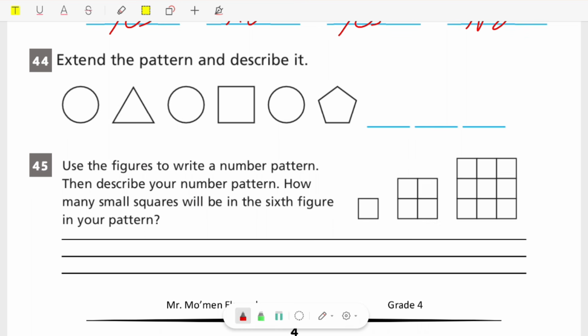This circle, and then we have three sides in the triangle, and then circle, four sides in the square, and then circle, and five sides in the pentagon. So let's continue this pattern. We're going to draw a circle, and here should be six sides. So 1, 2, 3, 4, 5, 6. So it's six sides, and then another circle. That's it.